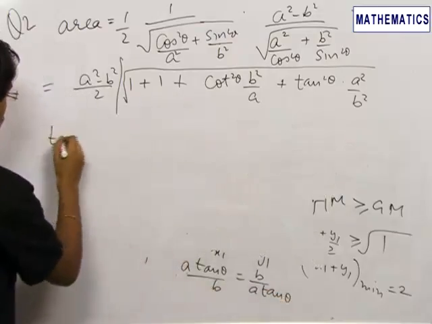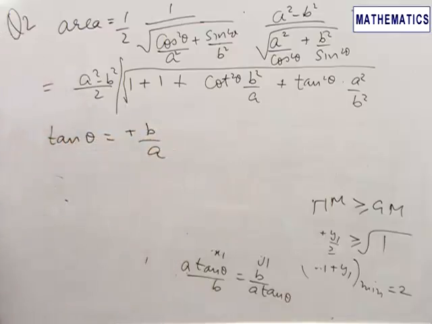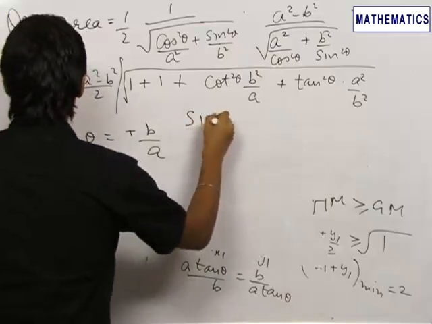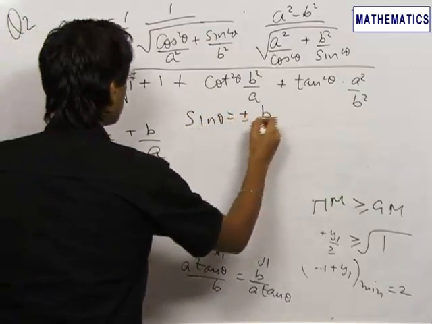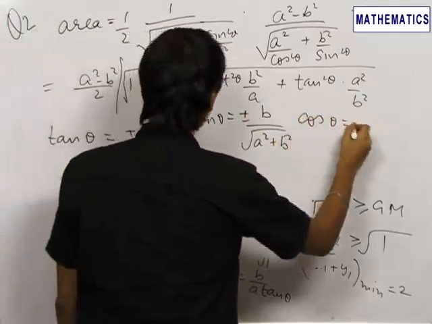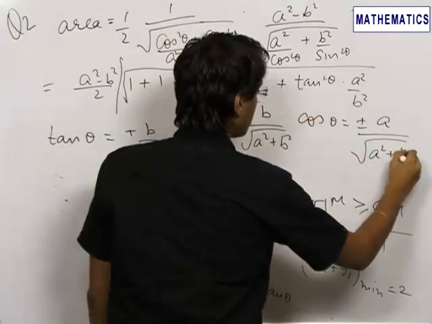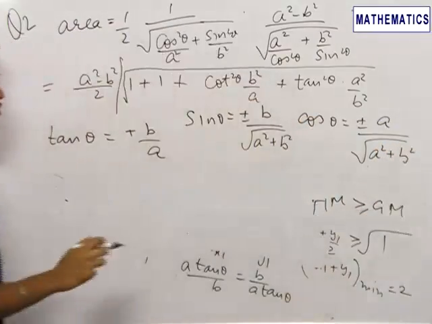This gives tan theta equal to plus minus b upon a, which gives sin theta equal to plus minus b upon under root a square plus b square, and cos theta equal to plus minus a upon under root of a square plus b square.